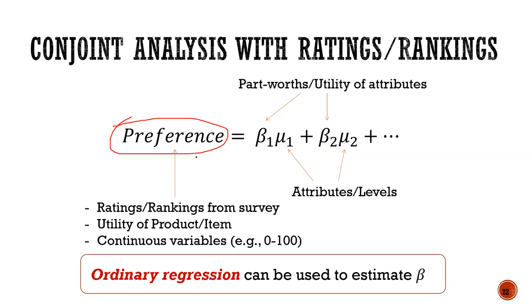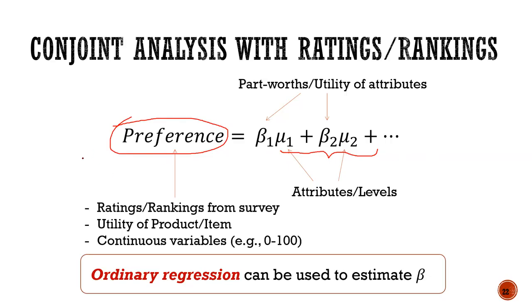Once we have their rankings or utilities from the survey, we calculate the utilities of the product or items for all these attributes. These are called the part-worths, right? And we calculate these using an ordinary regression.